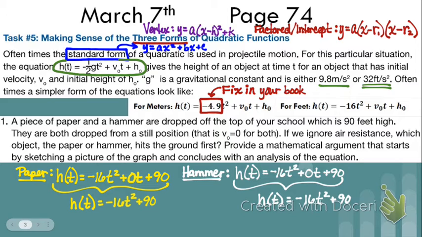So what are these ordered pairs representing? Time and height. What does the 0 mean here? The time. Here's my time. So that would be at the beginning, right? What's the 90 represent? The height.